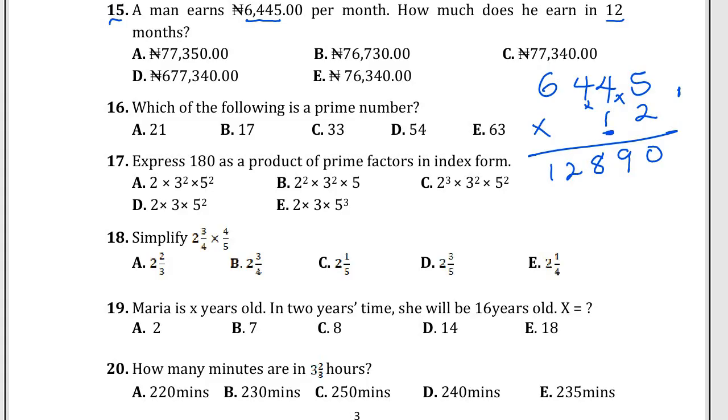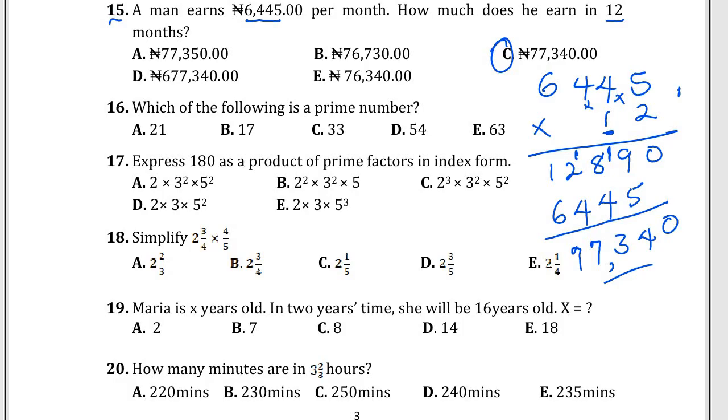Now you go to 1. 1 times 5 is 5. 1 times 4, 4. 1 times 4, 4. 1 times 6, 6. Just add them up. 0, 9 plus 5, 14. 4, put 1 here. 8 plus 4, 12 plus 1, 13. 3, put 1 here. 4 plus 2, 6 plus 1, 7. 6 plus 1, 7. So we have 77,340. Option C.